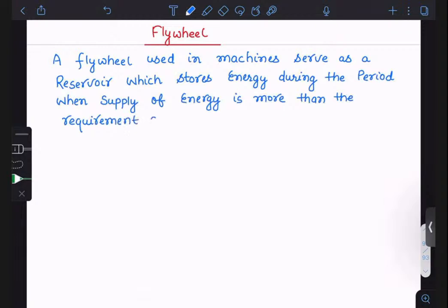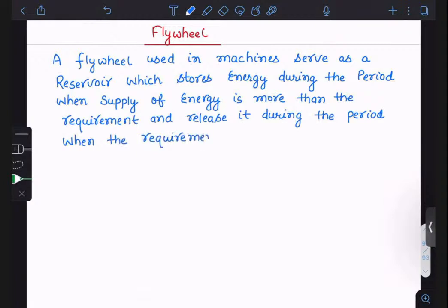And releases it during the period when the requirement of energy is more than the supply.